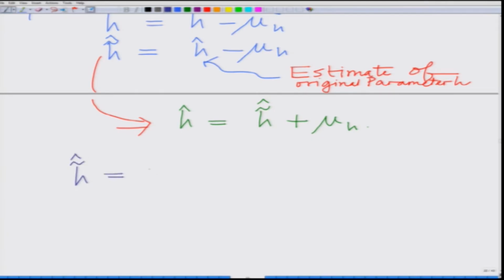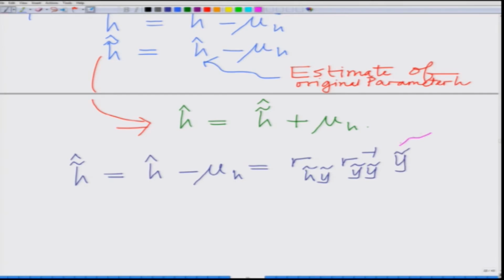equals H hat minus mu H, which is equal to R H tilde Y tilde R Y tilde inverse into Y tilde.